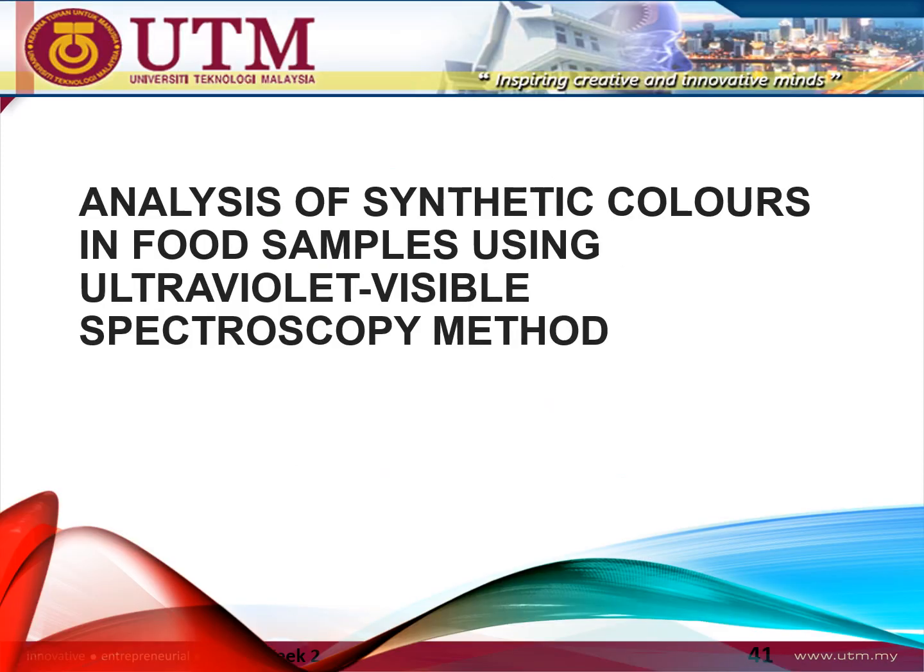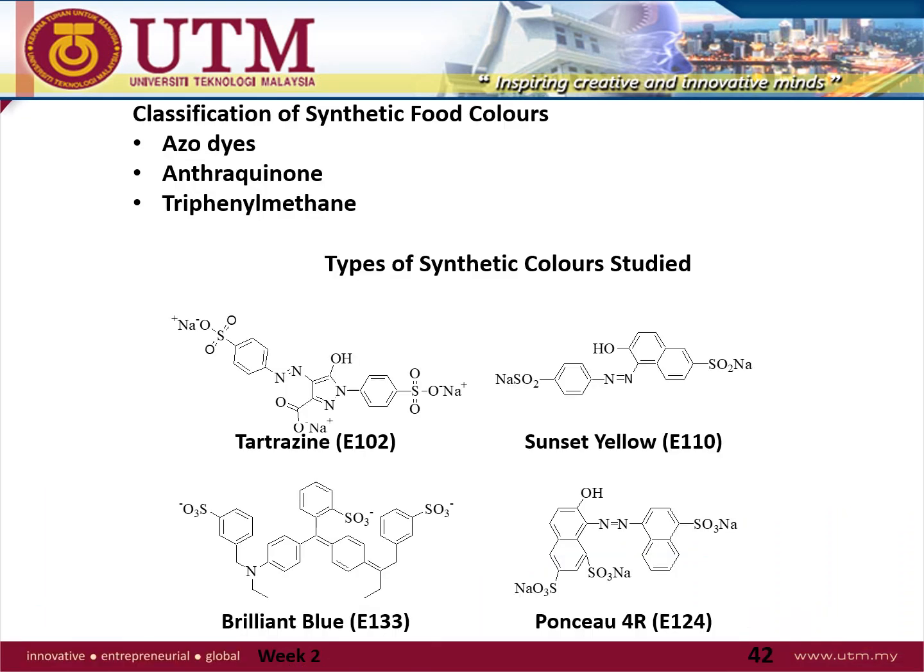This is a real example from PSM a few years ago. She wanted to classify synthetic food color, between azo dye, anthraquinone, and triphenylmethane, to see what is the wavelength that arises from these compounds.